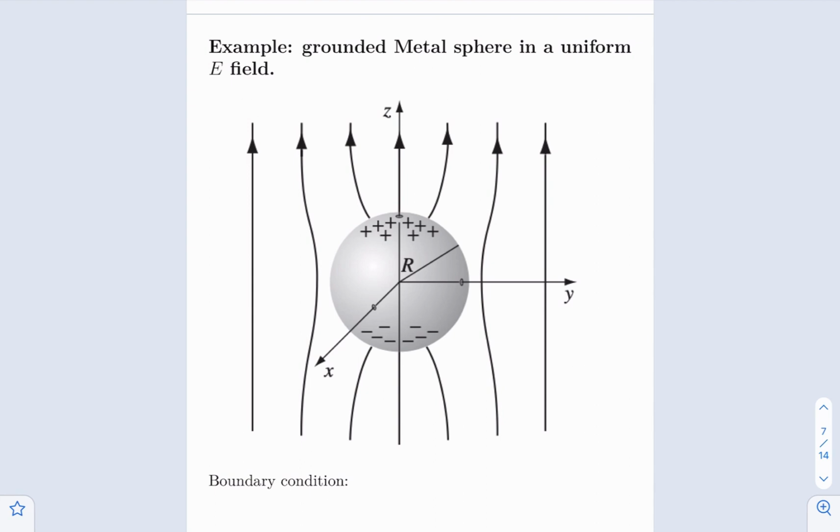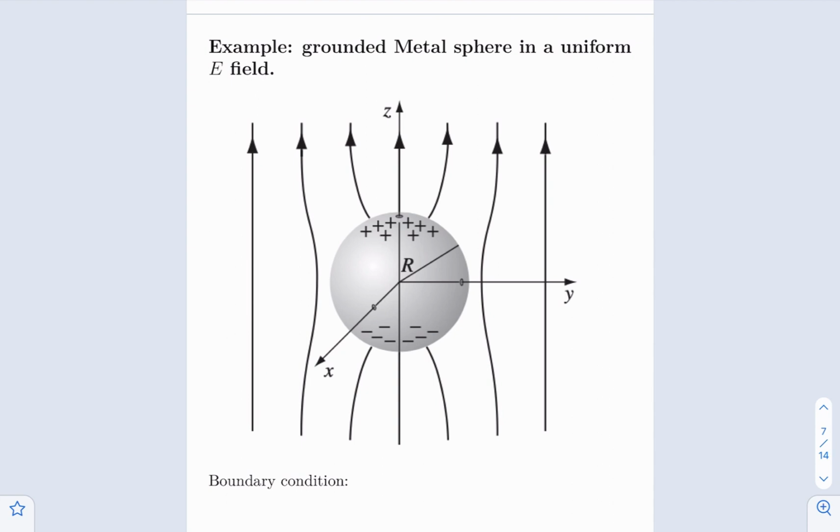Meanwhile, there will be negative charge accumulating on the bottom until the upwards charge and the downwards charge form an exact balance. Then inside of this sphere, the electric field will be zero, because that's what's required by the conductor.